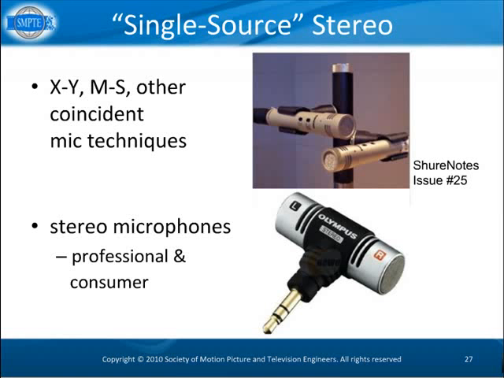There are others. They're sometimes called single source, sometimes called coincident microphone. And down at the bottom, I'm just showing a typical stereo microphone for a little handheld recorder. There are also professional versions of stereo microphones, but they tend to be one piece now, and there are many camcorders that have built-in stereo or even surround sound microphones picking up from a single source.